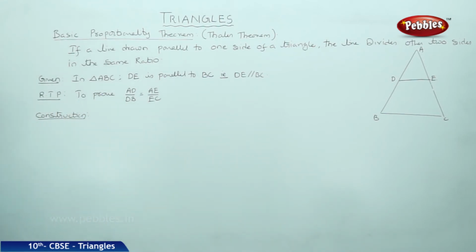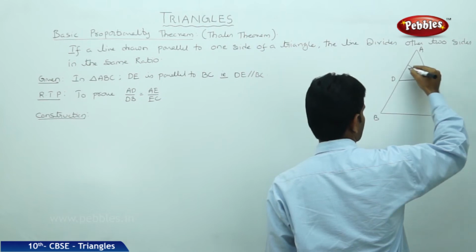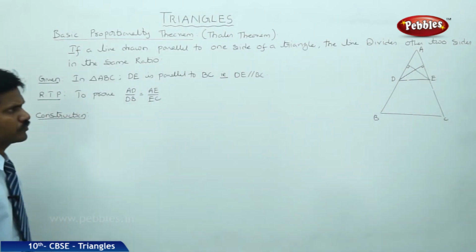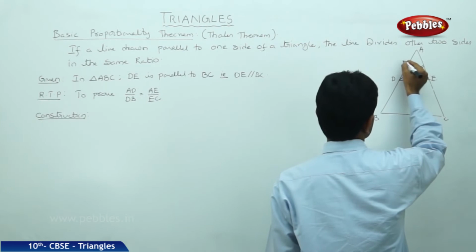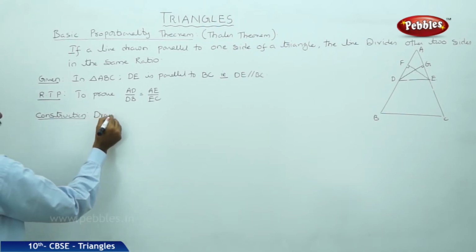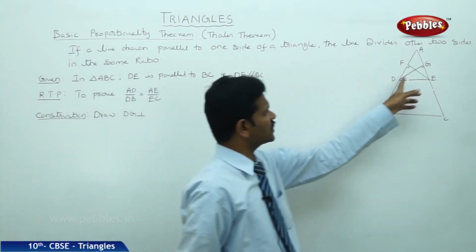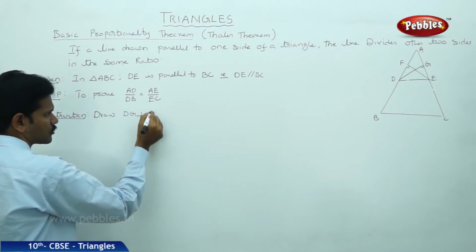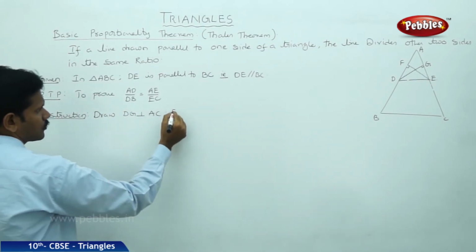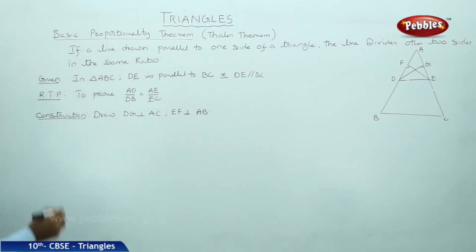Now, let us see the construction. Draw DG perpendicular to AC and EF perpendicular to AB.